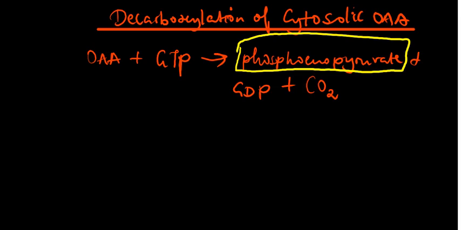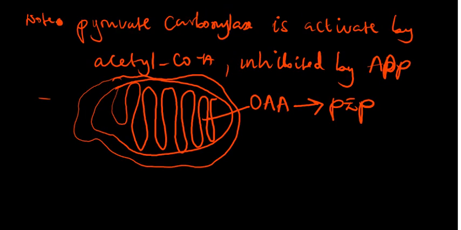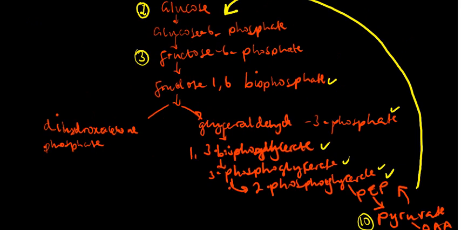So you're going to notice this. We're going to look at those processes that we had written down in glycolysis. Once oxaloacetate is turned back to phosphoenolpyruvate, it's going to undergo a series of steps. All these reactions are going to occur until it becomes fructose 1,6 bisphosphate.